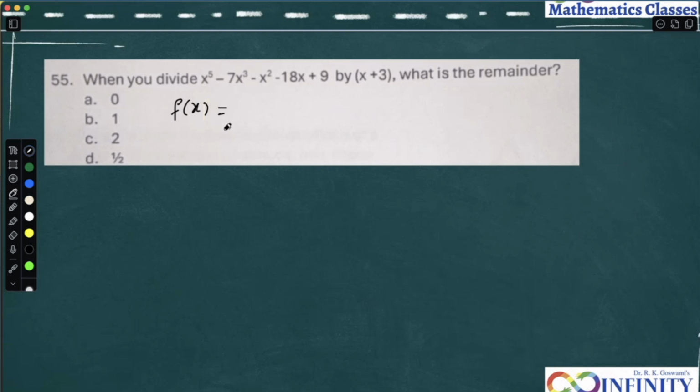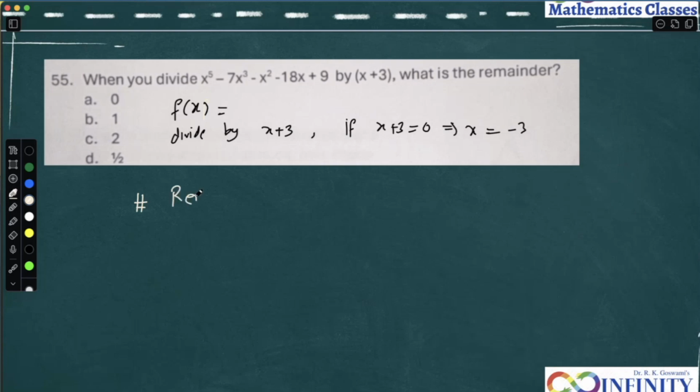Okay, I'm going to divide this by x plus 3. So if I ask you to put x plus 3 equals to 0, what should be your answer? x is -3. No confusion up to this point? No confusion, sir.